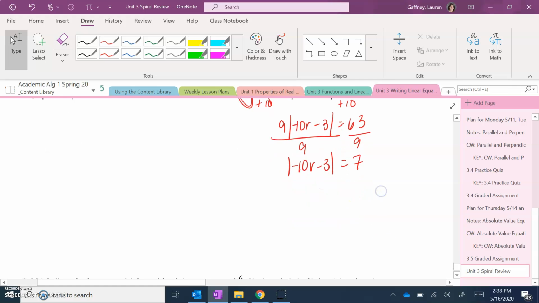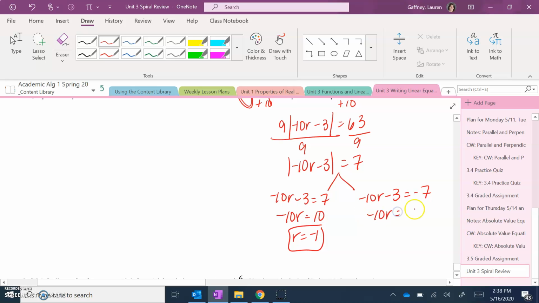Now we have the absolute value bars by itself, and we're ready to branch. So set it equal to 7 and negative 7. So add 3 and divide. Add 3 and divide. And you could totally give me the decimal answer here of 0.4, or you could say 4 over 10, or 2 over 5. It's up to you.